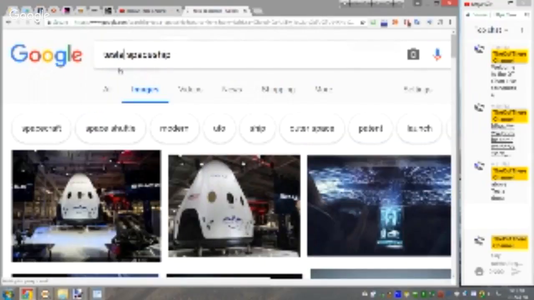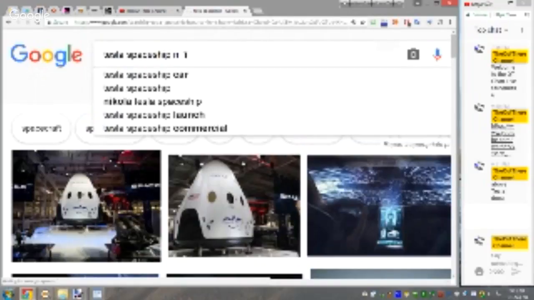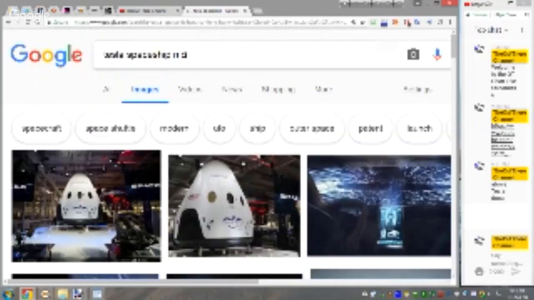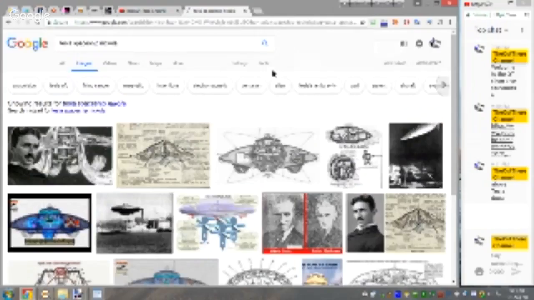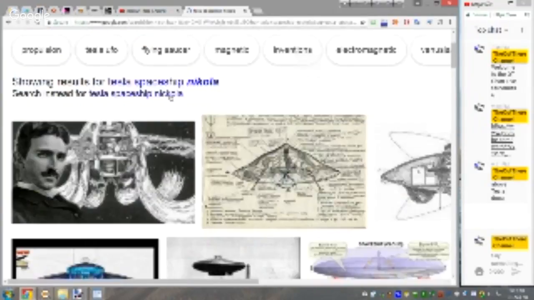What are we going to use for keywords then? Nikola. I've got Nikola Tesla showing up now.